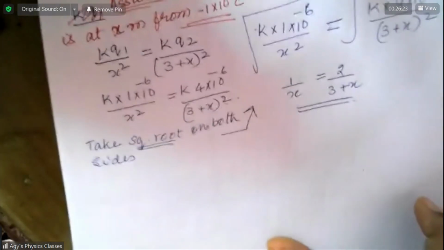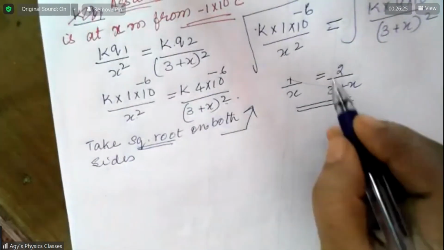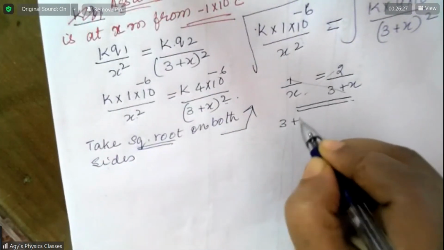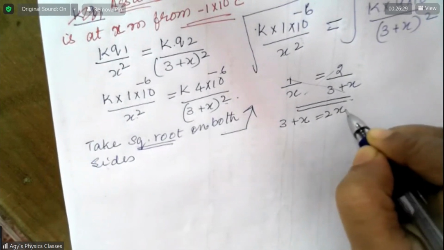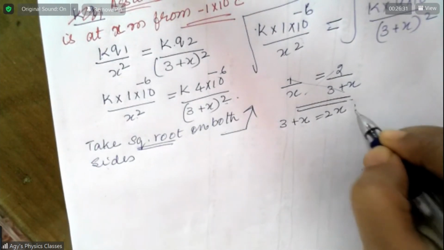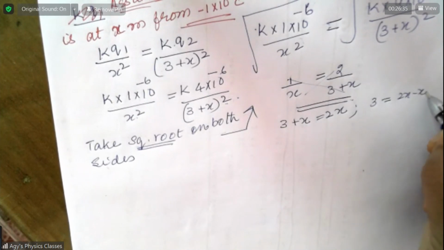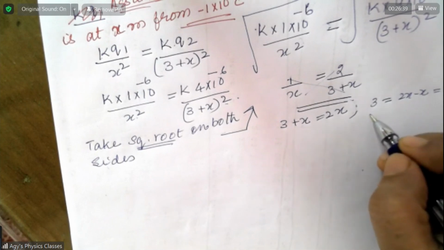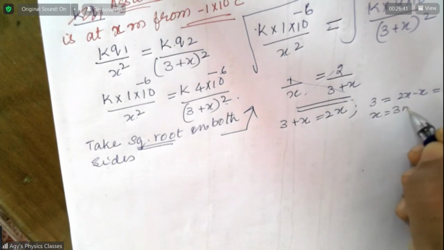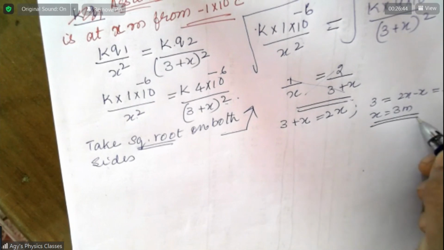Now what to do? Solve for x. Cross multiply. 3 plus x is equal to 2x, which means 3 is equal to 2x minus x, which means x. So this point x is equal to 3 meter. Okay.